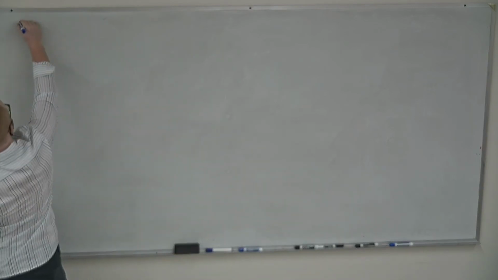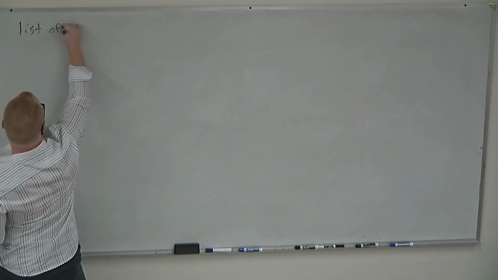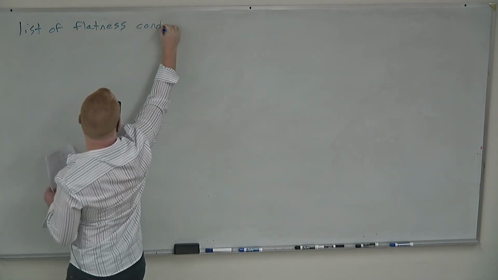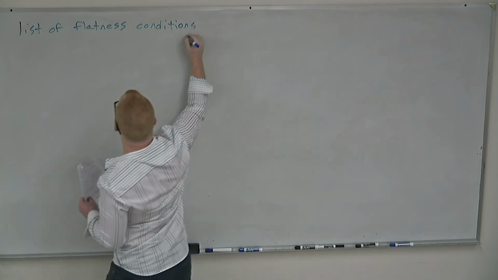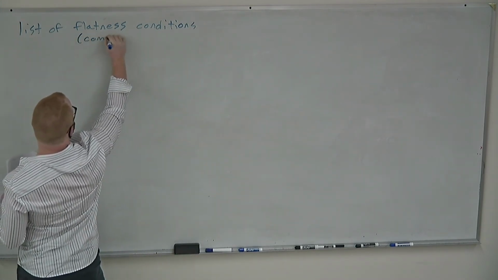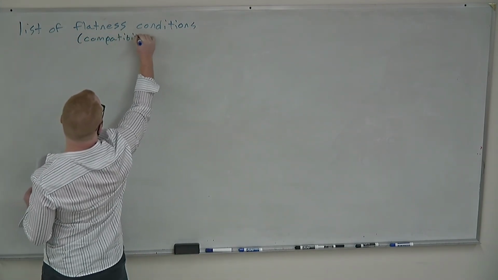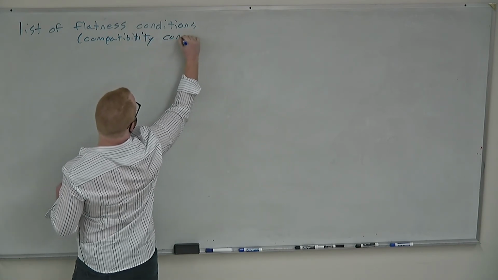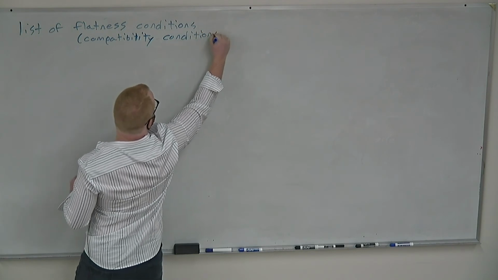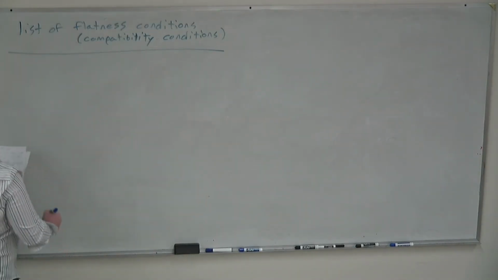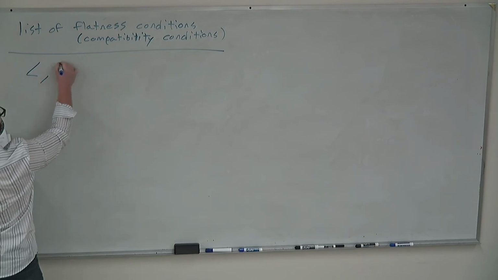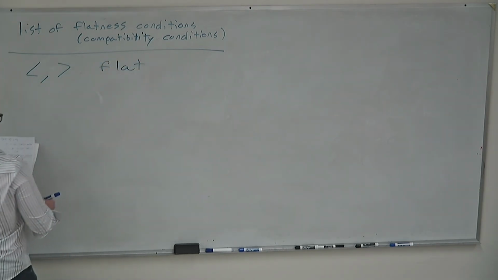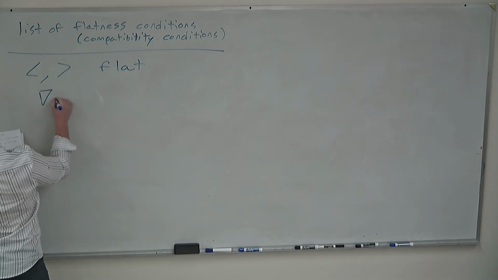So basically, these are the conditions that say all of these different tensors play nice with each other. We need this metric to be flat.